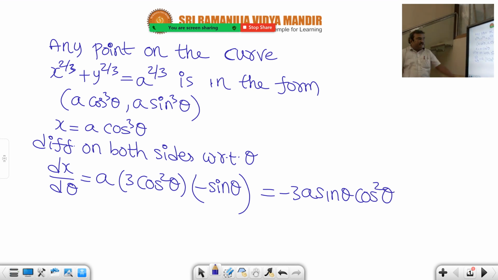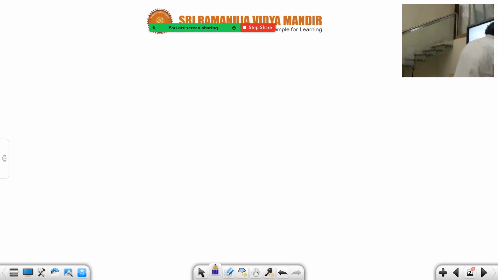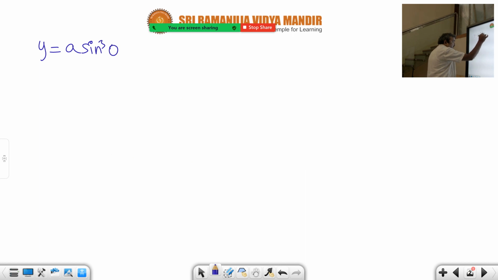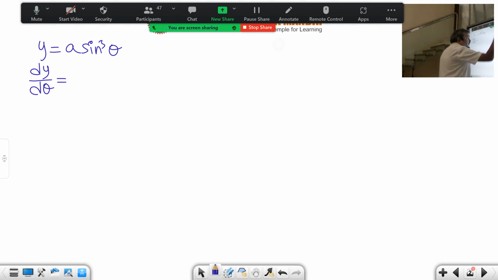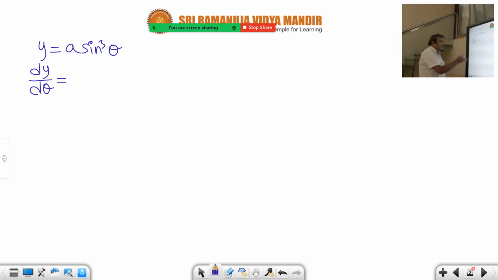Take y is equal to a sin cube theta. From this, differentiating on both sides with respect to theta, dy by d theta is equal to a into x power n derivative n into x power n minus 1.